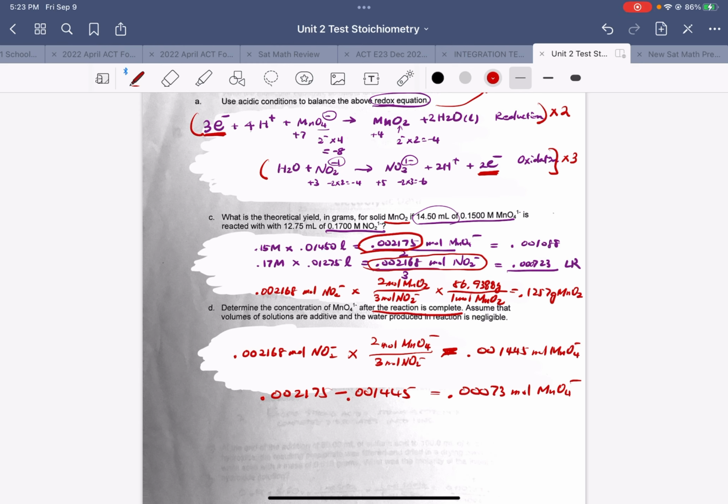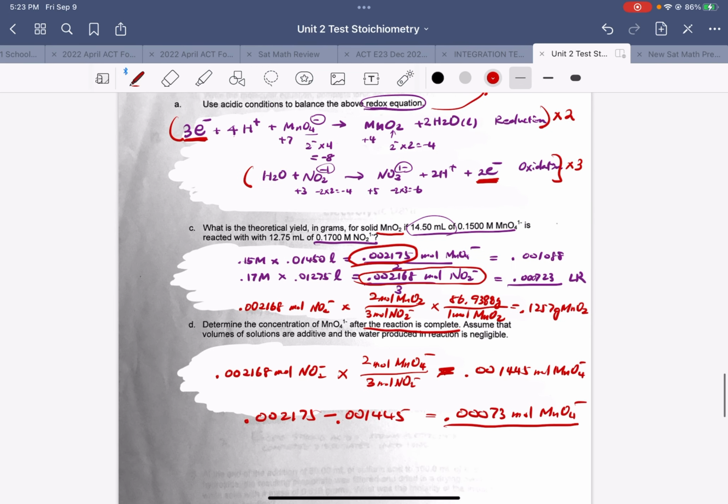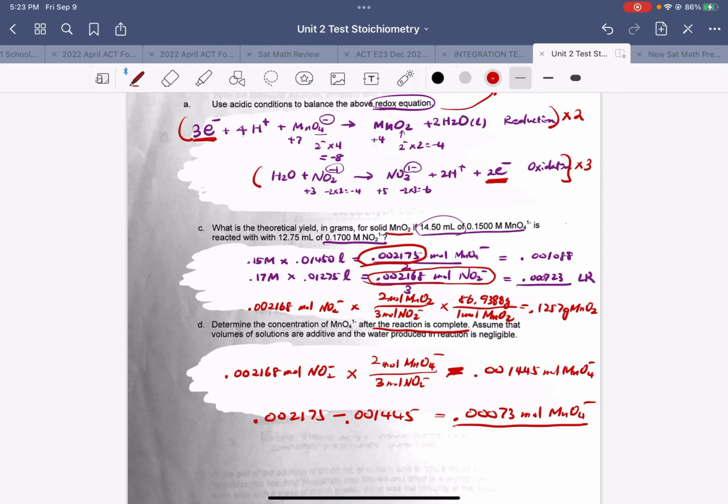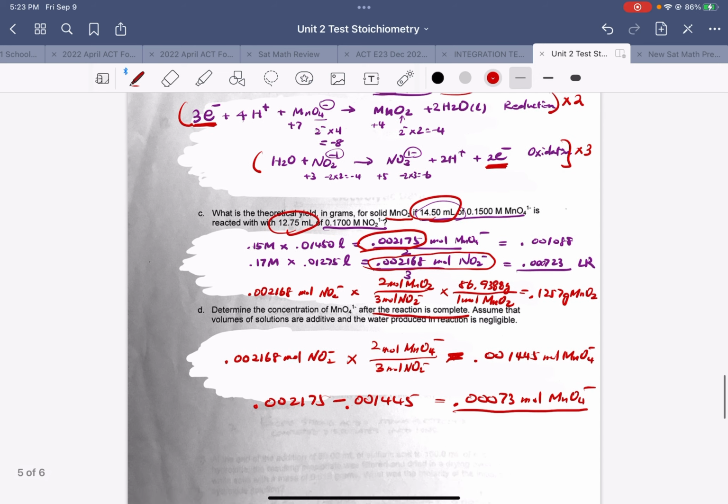Now, what is the concentration? Molarity is moles divided by liters. So divide by how many liters? You add up the two volumes, 14.5 and 12.75, but change them to liters: 0.0145 plus 0.01275.